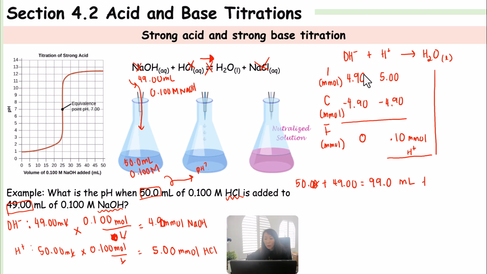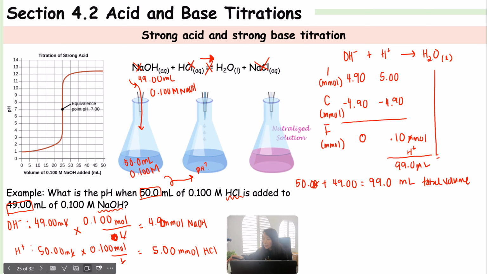This is my total volume. If I want the concentration of H plus, I take the millimoles over the total volume in milliliters, which is 99.0 ml, and cancel out the m's. That gives you moles over liter, which is the concentration.